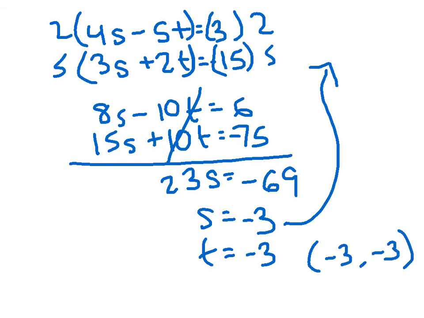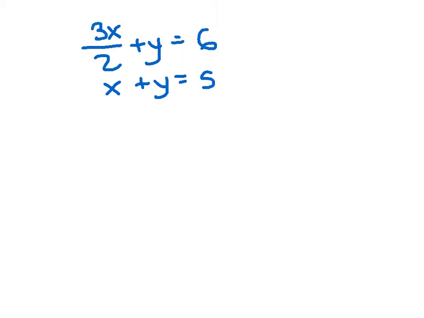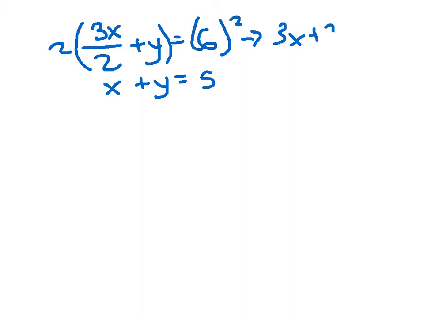So now let's move on to one last example problem where we have fractions as coefficients. First step, I want to get rid of my denominator. So I'm going to multiply the first equation by an LCD of 2. So this transforms my equation. So now I'm going to have 3x plus 2y equals 12.